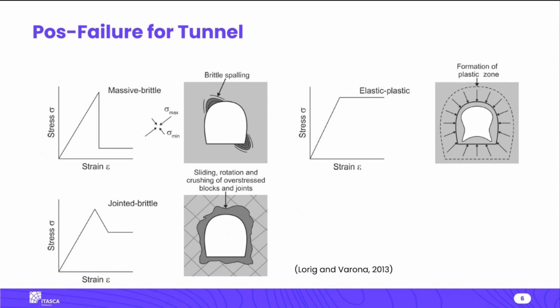You might see more of a strain softening type of behavior in that case. And you'll see potentially some movement on joints and things like that, rather than this spalling. And then on the top right, this might be a soil model or a heavily weathered rock or something like that. And you might get more of a plastic type behavior where there's deformation and failure, not necessarily on joints, but just sort of overall throughout the rock mass or soil.